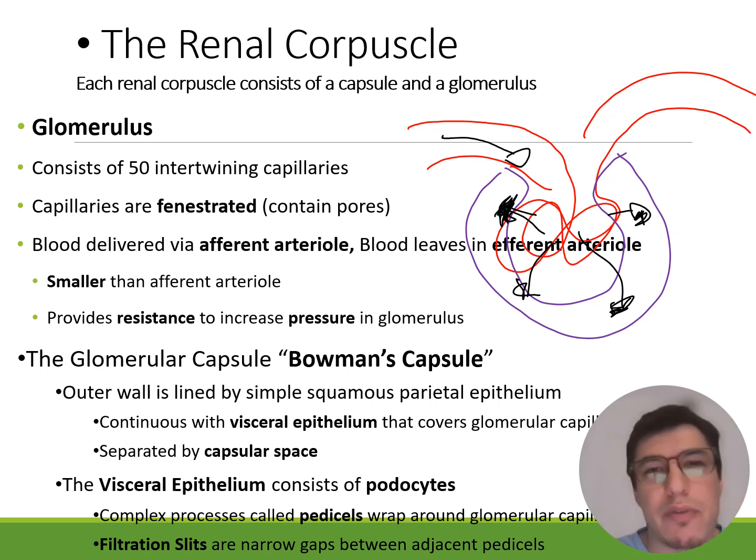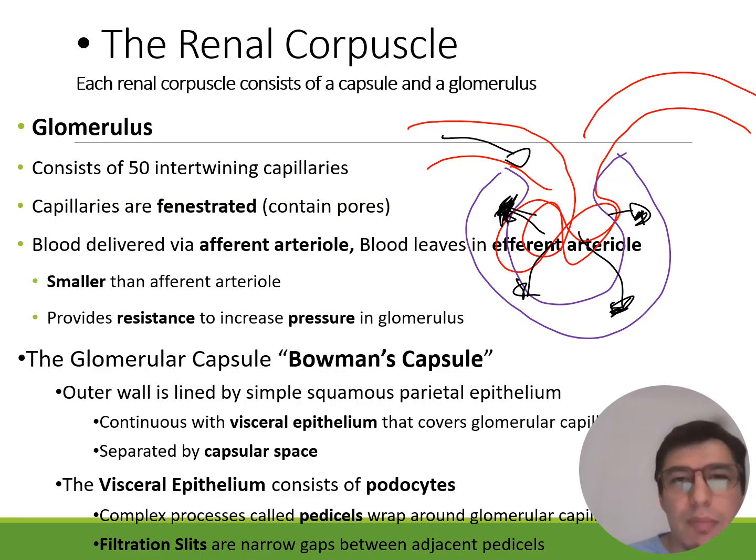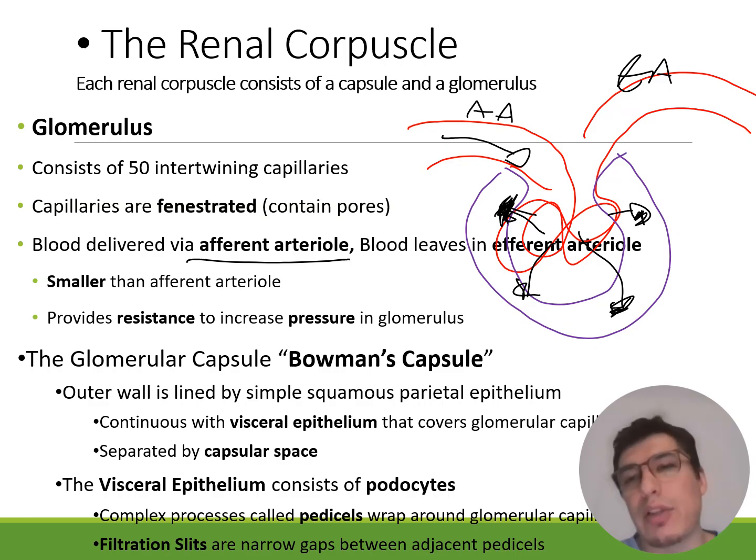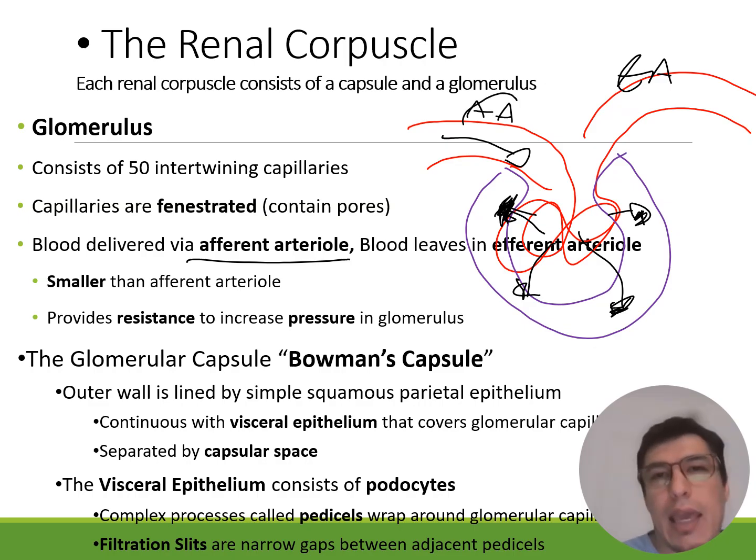We don't want to get rid of red blood cells or plasma proteins. But overall, we are delivering blood to this glomerulus through the afferent arteriole, and it is leaving through the efferent arteriole. A good way to remember is A for access, E for exit.